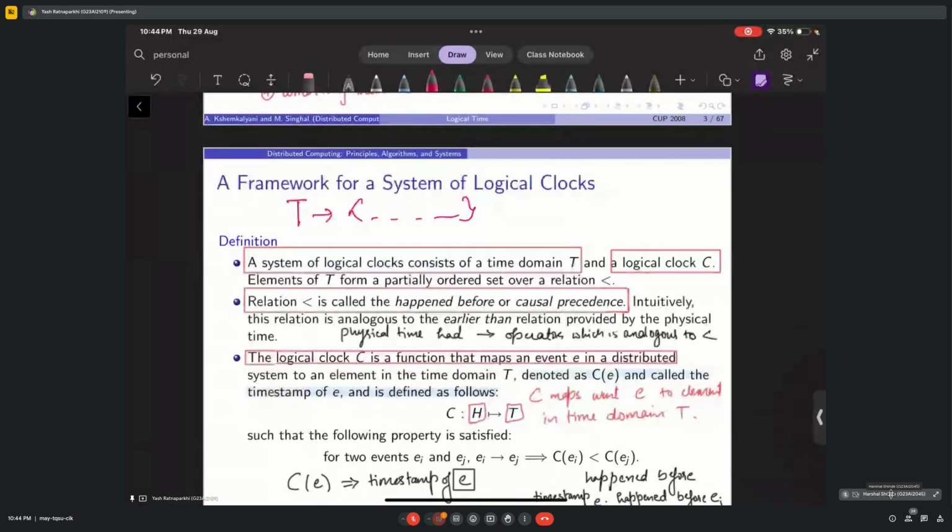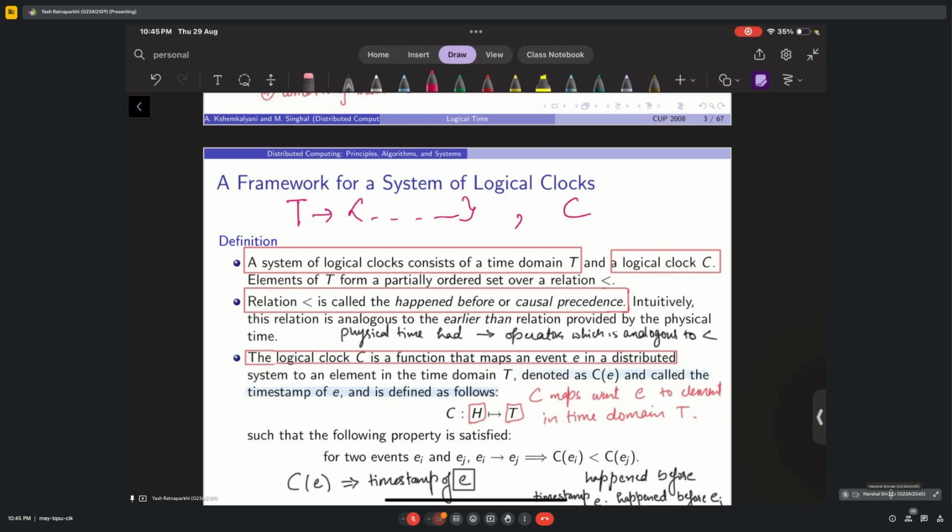And there will be a logical clock C. Now, the elements of T form a partially ordered set over a relation, less than. Don't worry, you will be able to understand this. The relation less than is called happened before or causal precedence. Intuitively, this relation is analogous to the earlier than relation provided by physical time.